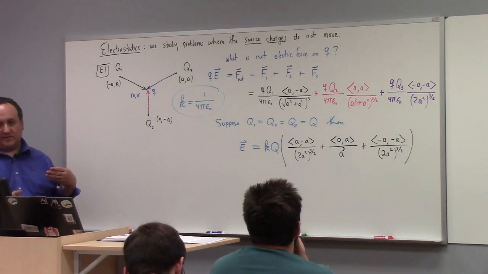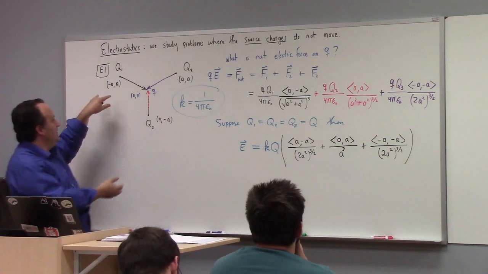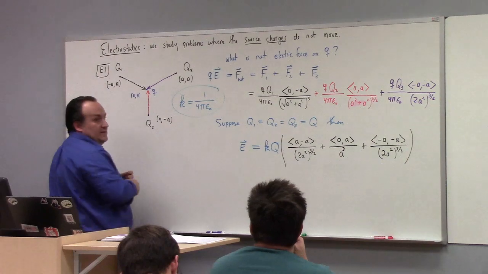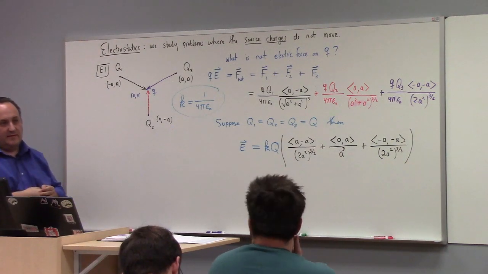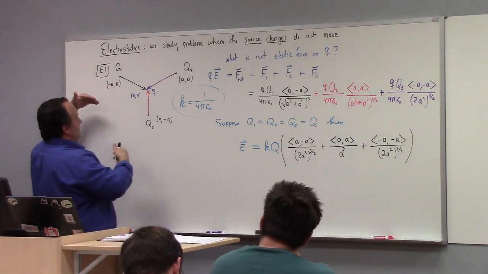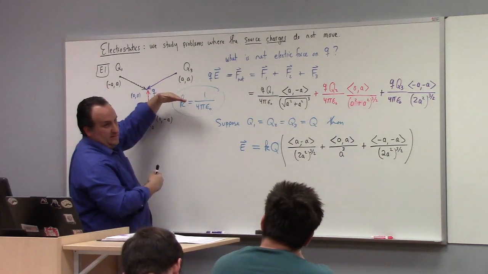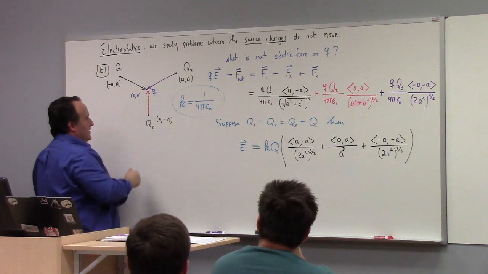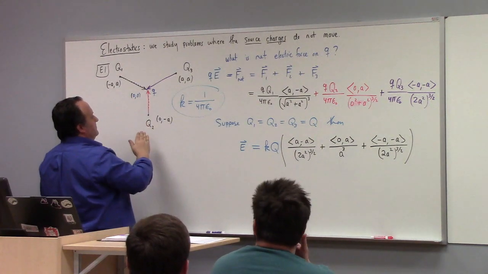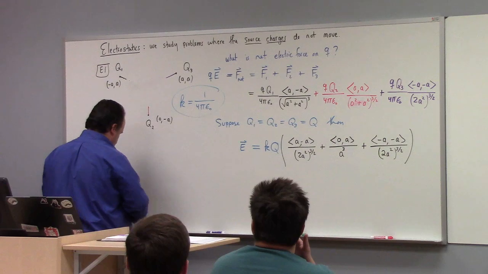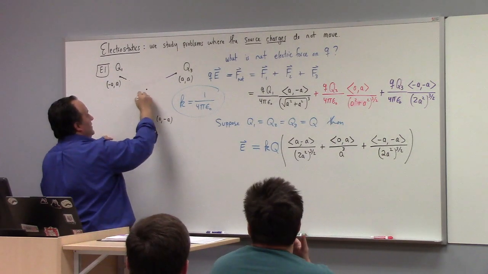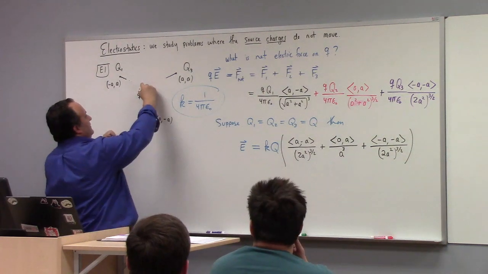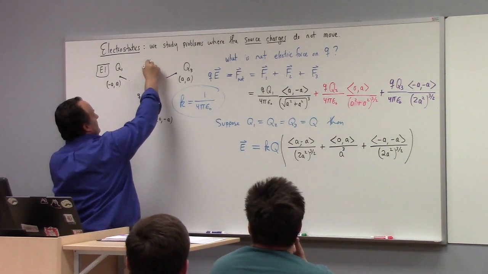So if all the charges are equal, the situation is that Q1 and Q3 are symmetrically the same distance from the origin, right? So the electric field from this is going this way, and the electric field from that is going that way. Let me put Q here. We've got the electric field from 2 like this.